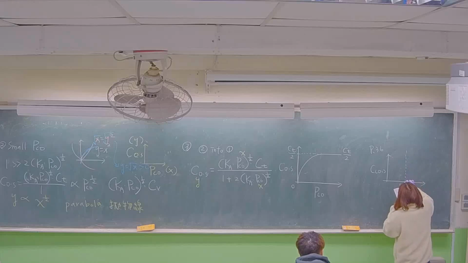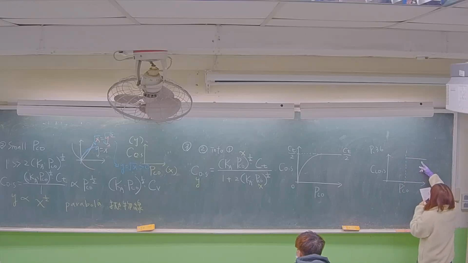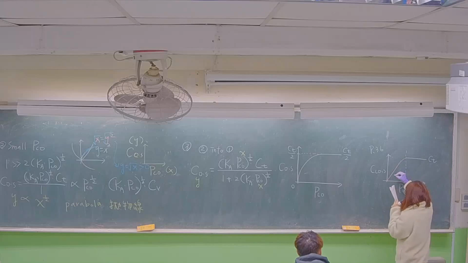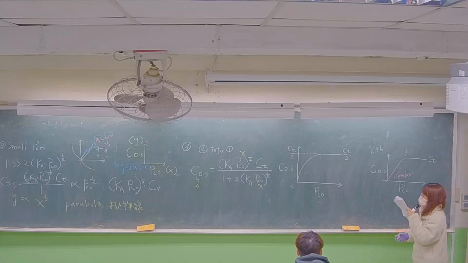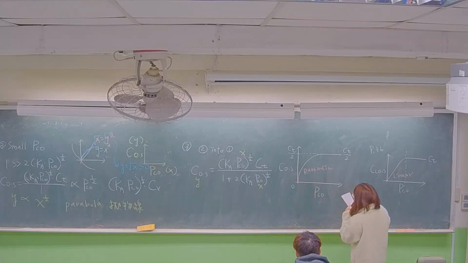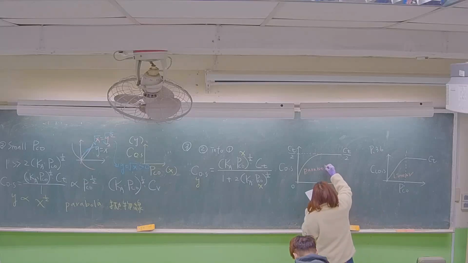So we divide it into 2 parts as well. At a large PCO, it is a constant, CT. And at a small PCO, we have a linear plot, but it is a parabolic plot here.